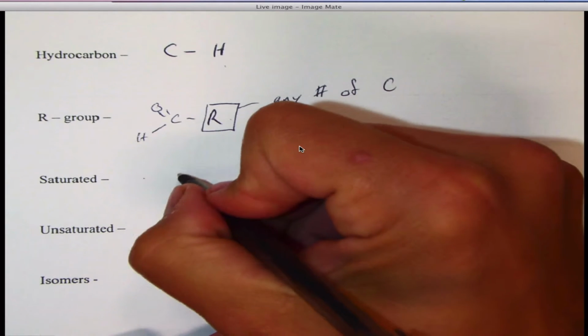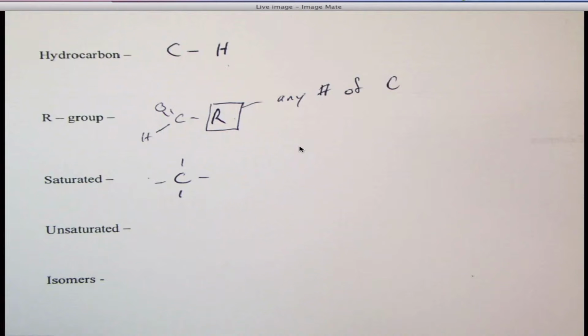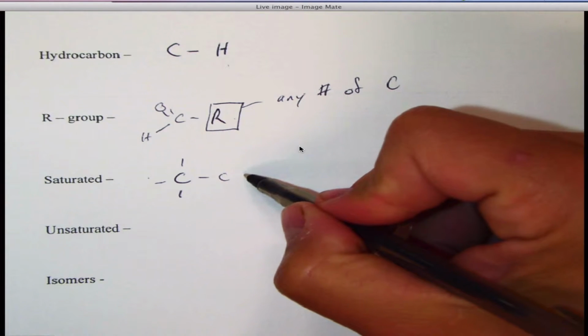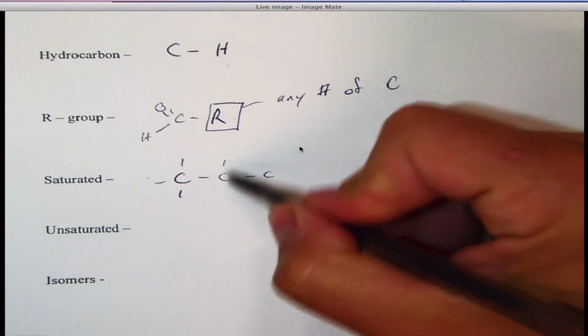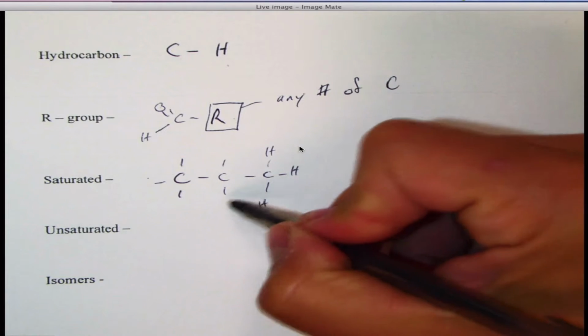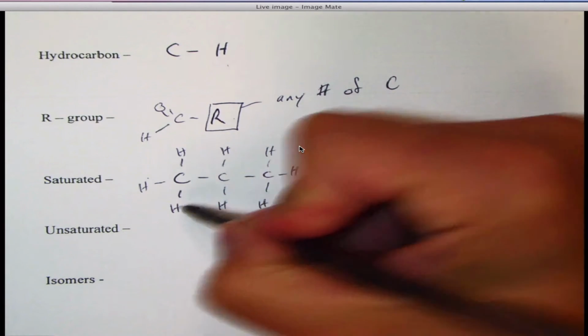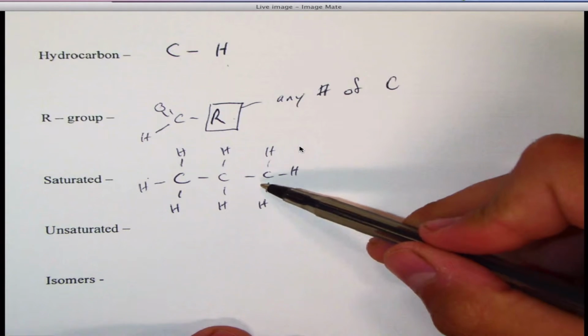Saturated in organic chemistry means that all the bonds are filled for carbon, because carbon wants to bond 4 times. And when all the bonds are filled, it's saturated. So for example, this molecule, with filling in the H's here, this molecule is saturated. All the bonds are filled. All right.